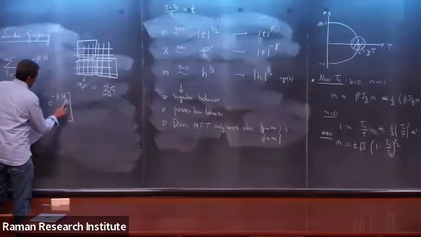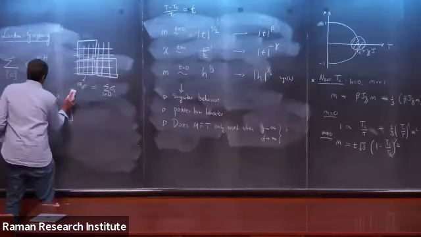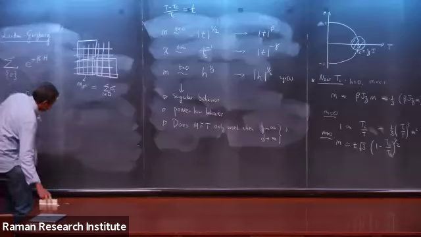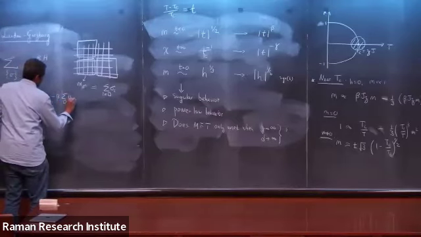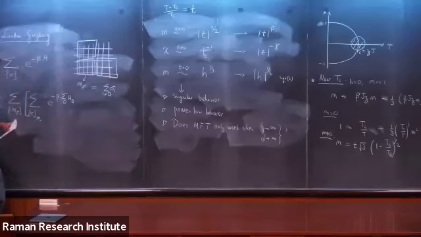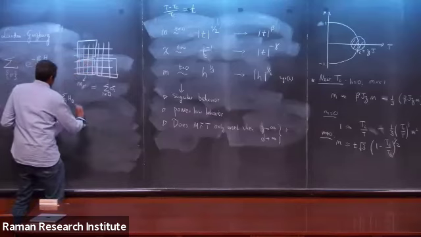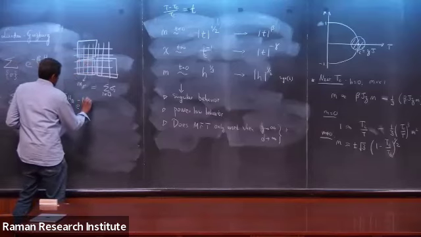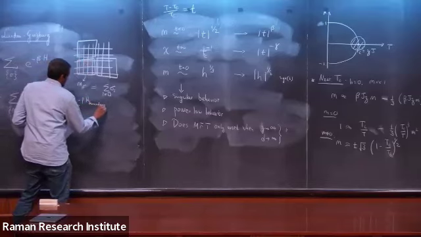Let me write it more clearly. So let's imagine that this is a sum over all blocks, sum of h of block. This is all the interactions that are within this block, times some e to the minus beta times h, some boundary.